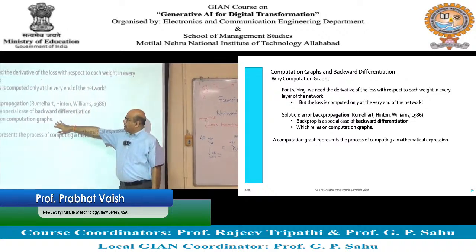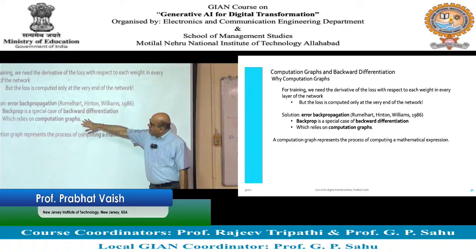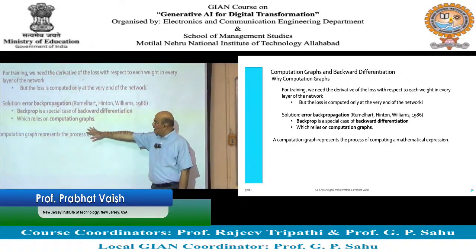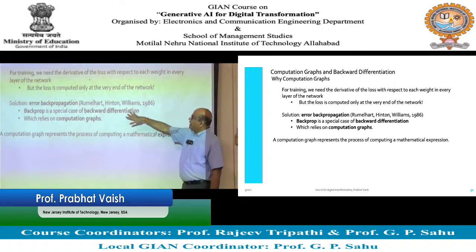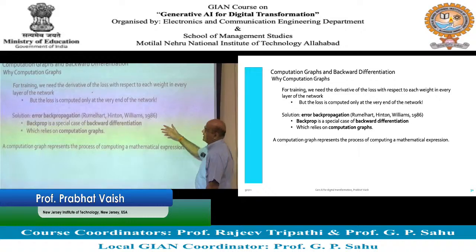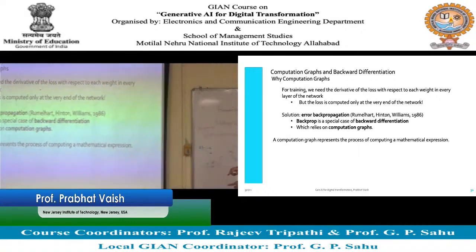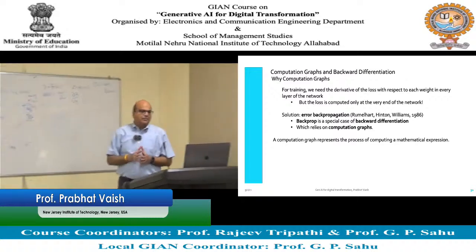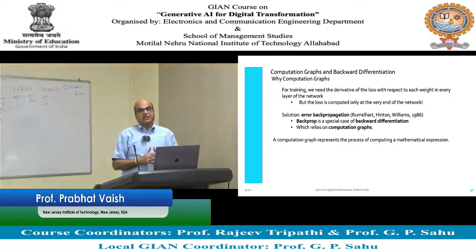It relies on the computation graph. So literally what we are now saying is that our neural network becomes a kind of computation graph, which, when you apply backward differentiation, acts as back propagation, which basically lets you calculate the derivatives and update the graph much faster. Okay? Has anyone heard the term computation graph before?